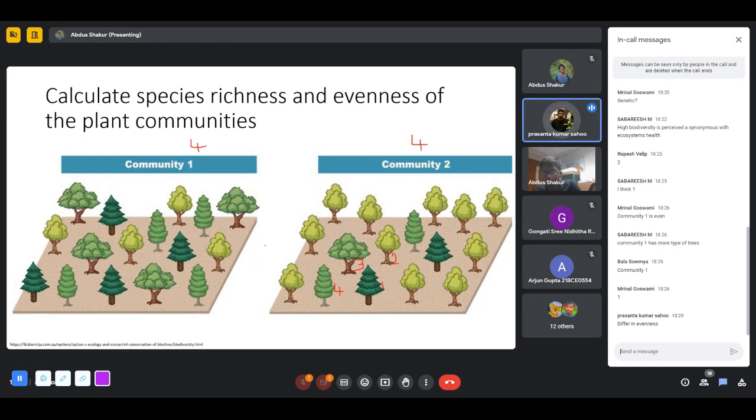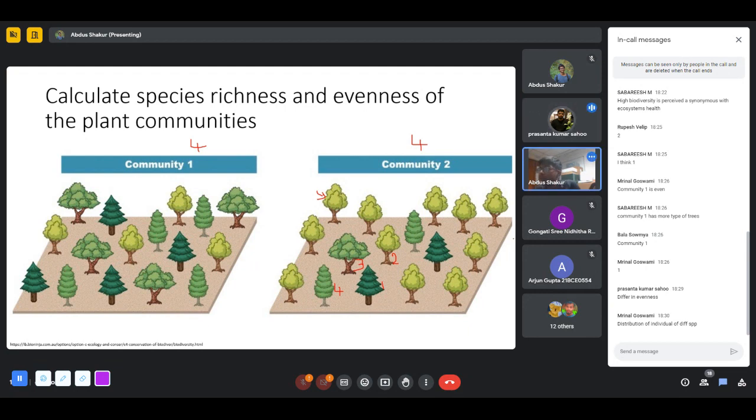But in the second community, one particular tree, the one you have written as number two, is more dominant. That is the dominant species. That's why the diversity in community two is less as compared to community one. Yes, you're right.